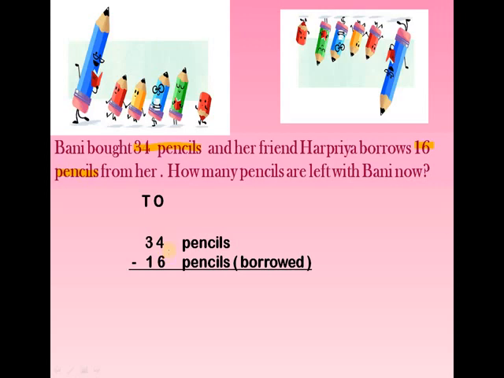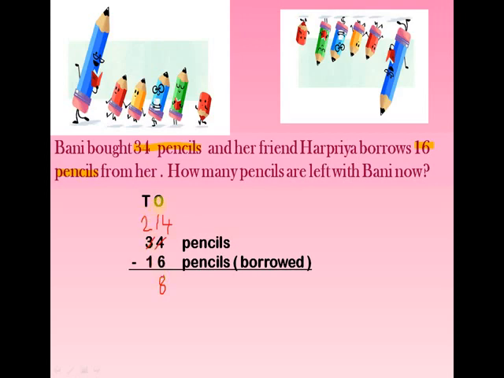We are supposed to borrow from tens. So cut 4, cut 3, write here 2, and write here 1 and 4. So this has become 14 minus 6. 14 minus 6 is 8.